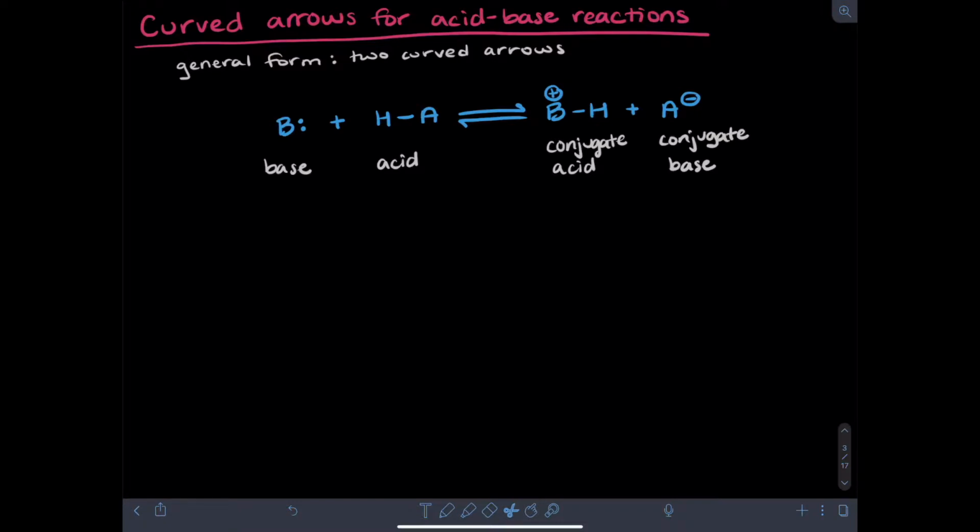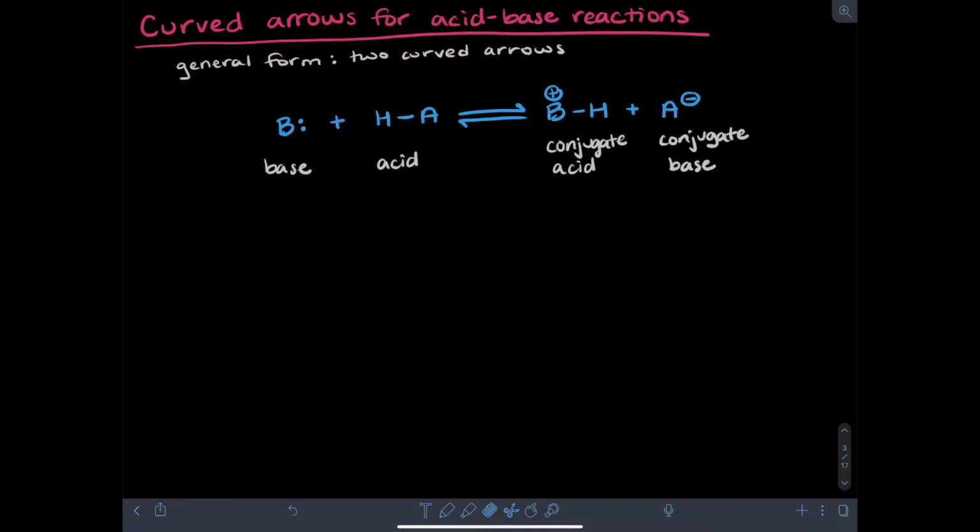We're going to use curved arrows to account for the flow of electrons in acid-base reactions. And what you're going to see is that the curved arrows for the acid-base reaction will involve 2 curved arrows. Here I'm using a general equation where B with a lone pair is my base, HA is my acid.